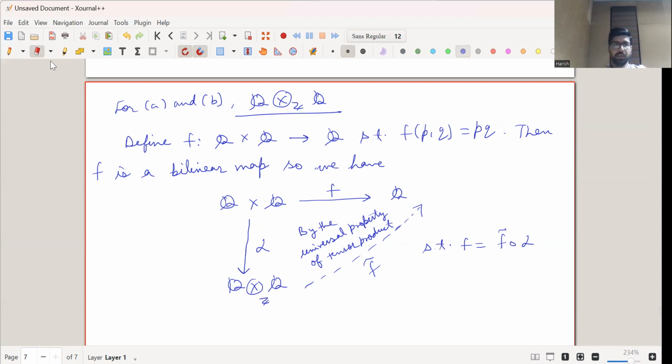First we take elements from Q cross Q to Q tensor Q through alpha, and then we apply F delta over it.